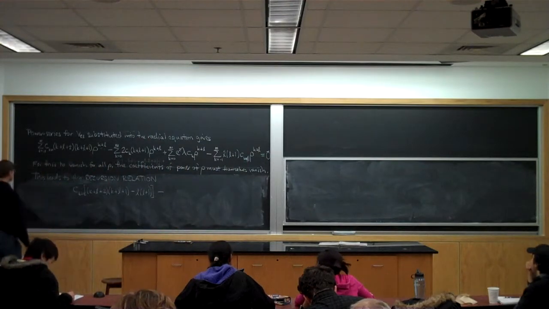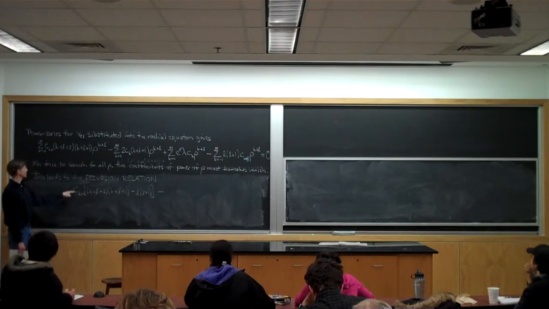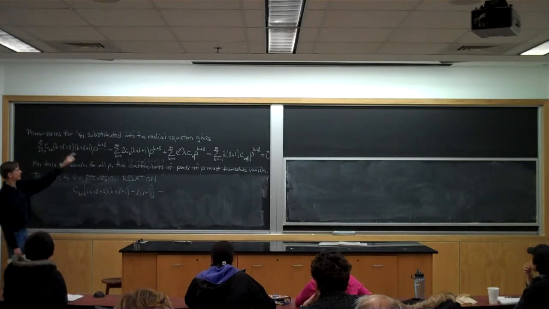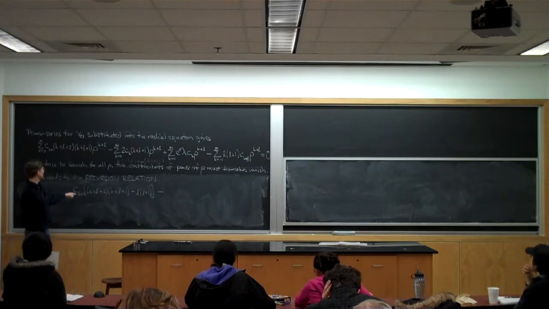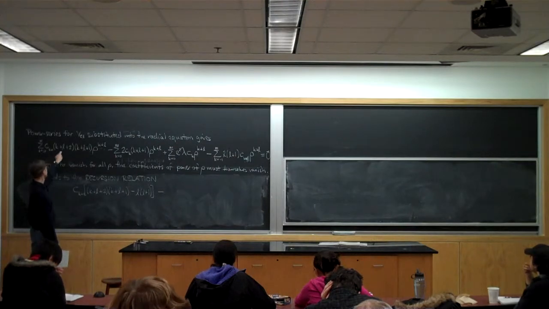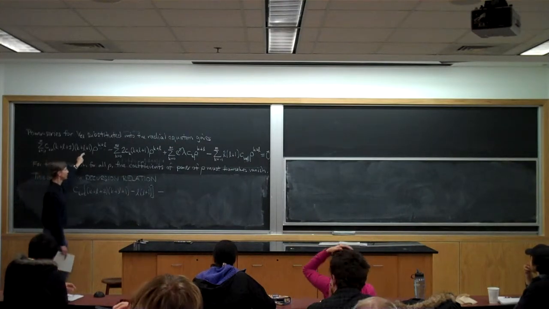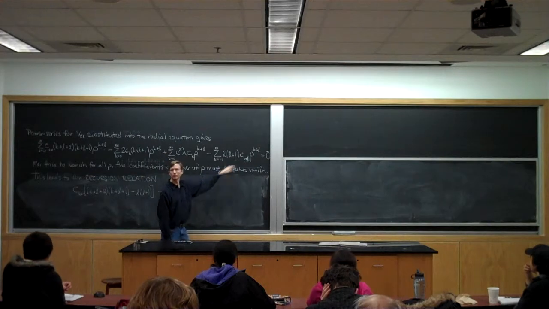So this is just the coefficient of rho to the k plus L coming from the first and the last summations. That's c sub k plus 1 times k plus L plus 2 times k plus L plus 1 minus L times L plus 1.